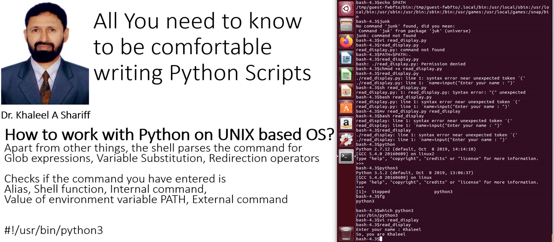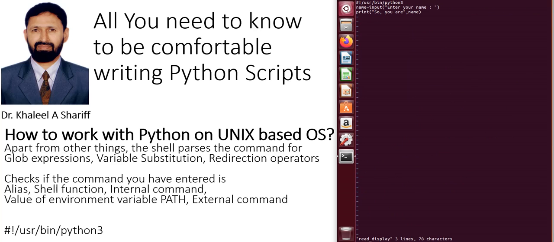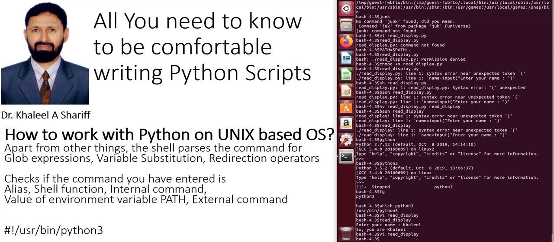When you execute a Python script on the Unix box, all your Python scripts on the Unix operating system need to have the hash exclamation statement. This is what is telling which interpreter has to execute this particular script. All your Python scripts on the Windows operating system need a .py extension. Incidentally, we did not give a .py extension here, and still we were able to execute.